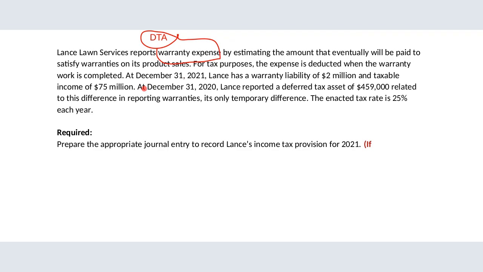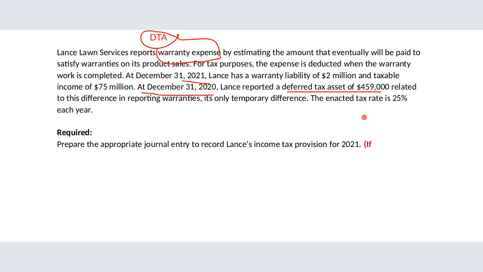So once again, they've given us the beginning balance for deferred tax asset. And then for 2021, we're told the liability is 2 million, taxable income of 75 million. And they want us to calculate the journal entry. So we want the tax effect of the difference, which is 2 million.